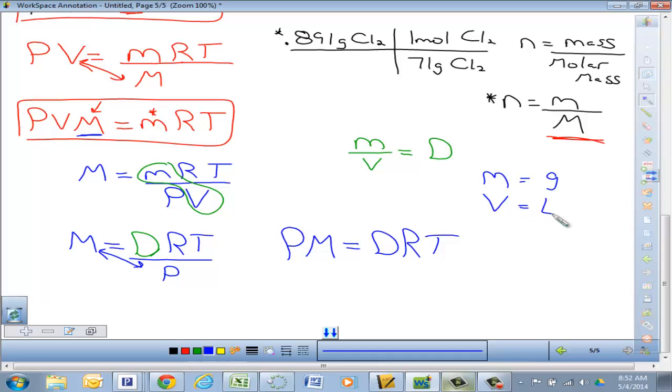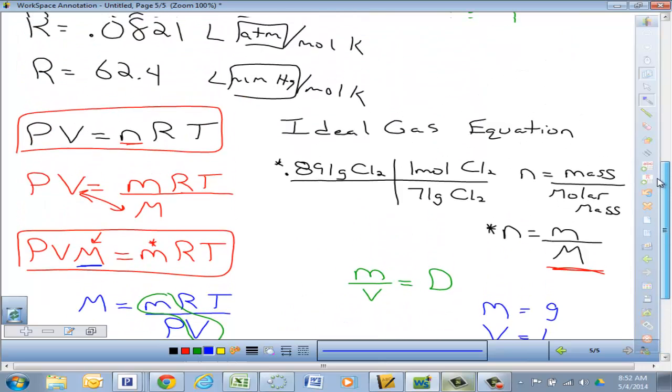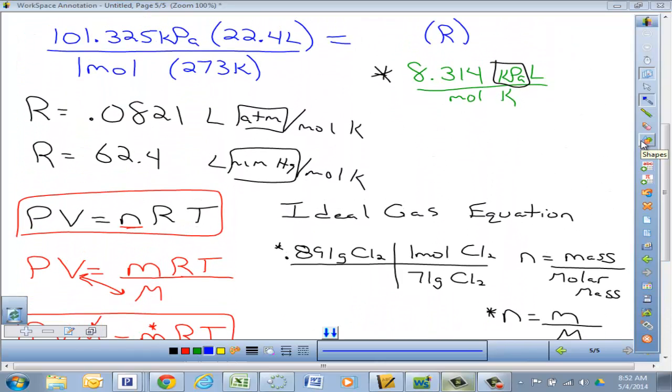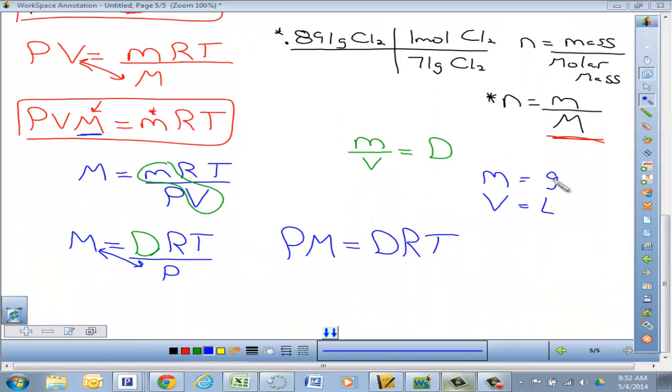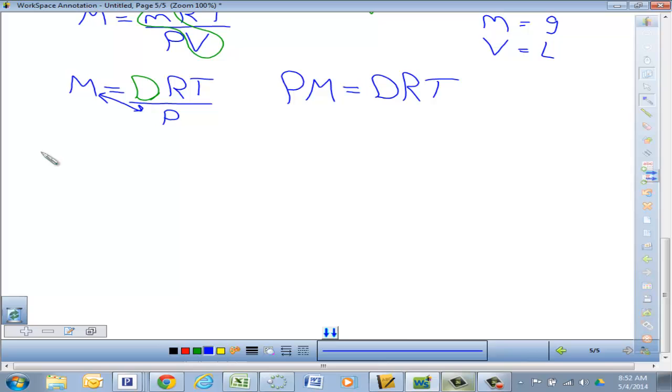That goes back up to what we had when we solved for R. So if I'm using the ideal gas equation, mass will have to be in grams and volume in liters.